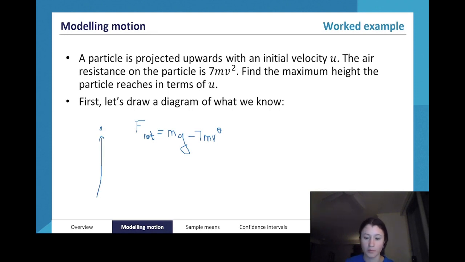So our g is of course going to be 9.8, and our F net is going to be ma.